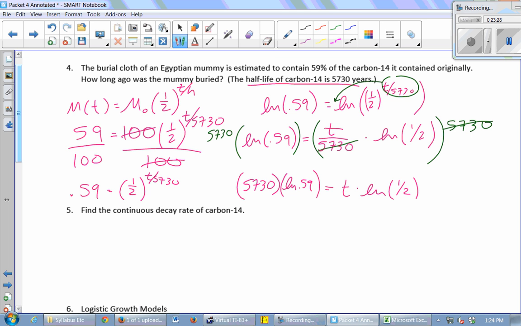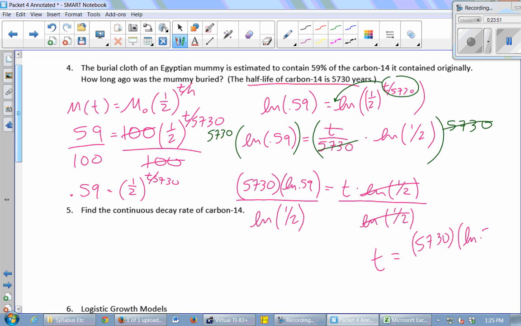And then what do I do to get the t by itself now? Divide by ln of 1/2. Okay, so my final answer, these cancel, and I'm going to have t equals 5,730 times the ln of 0.59 divided by the ln of 1/2.